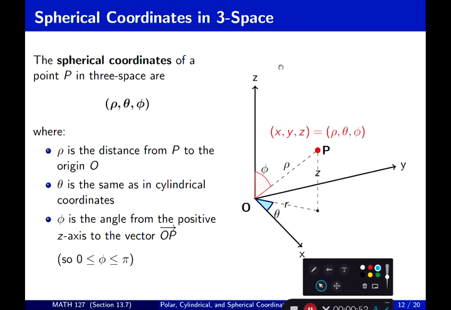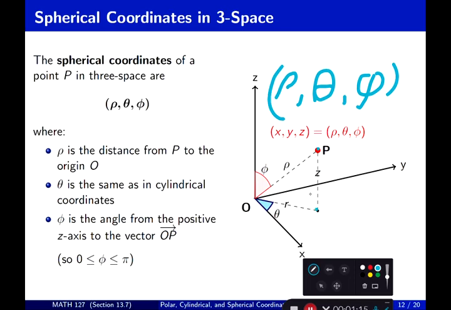Again, let's write this down. Usually it causes a little bit of trouble. Rho, theta, and phi. And let's look at this. So this is the point P. You drop down a perpendicular, and you get a reflection of P on the XY plane by that perpendicular.